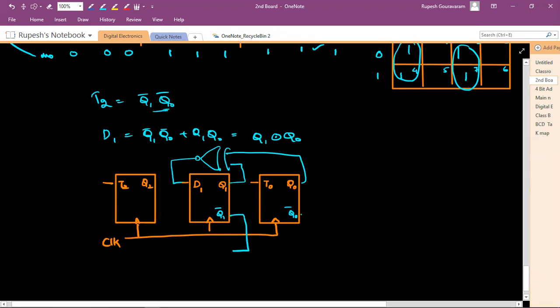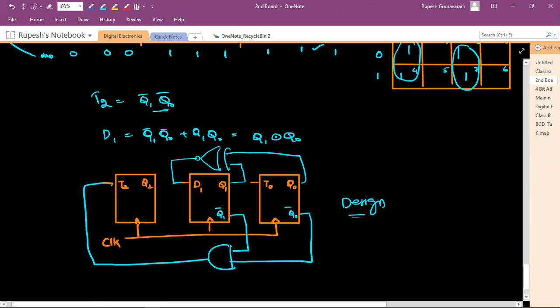You take both of these and AND them. You supply an AND gate and connect it to T2. So this is the required design of a counter, a 3-bit down counter.